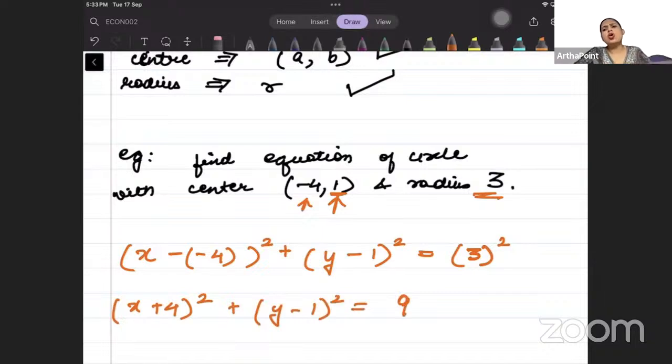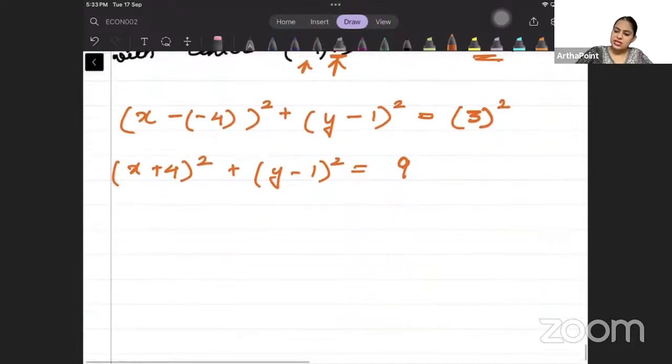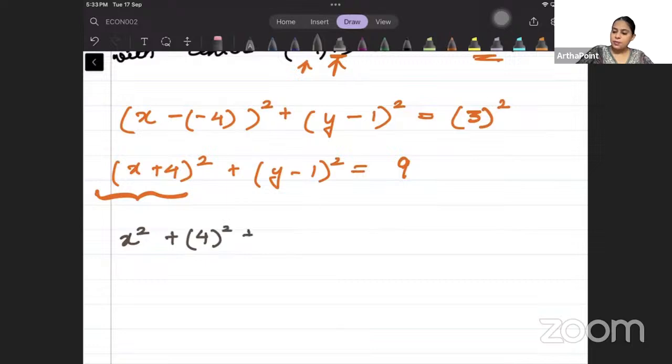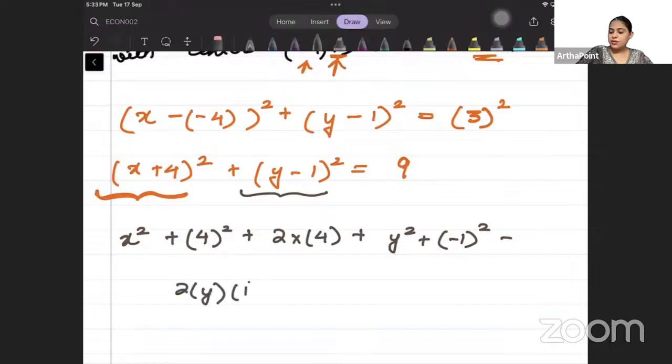You can also expand this equation of the circle further. How? You can use the formula of (a plus b) whole square, which is a square plus b square plus 2ab, and (a minus b) whole square, which is a square plus b square minus 2ab.